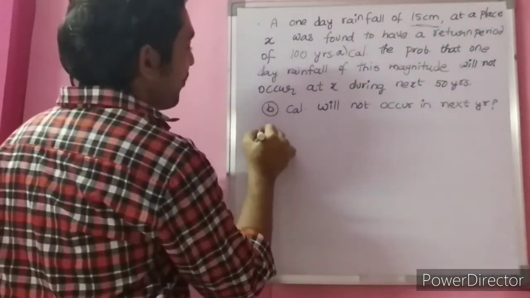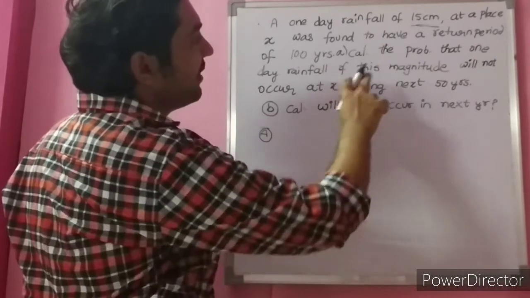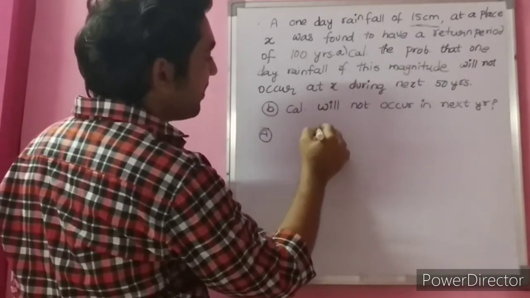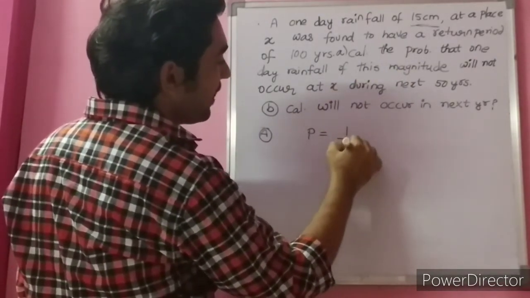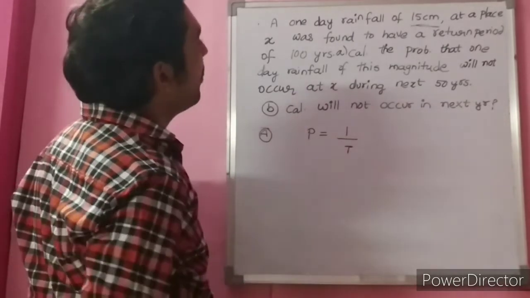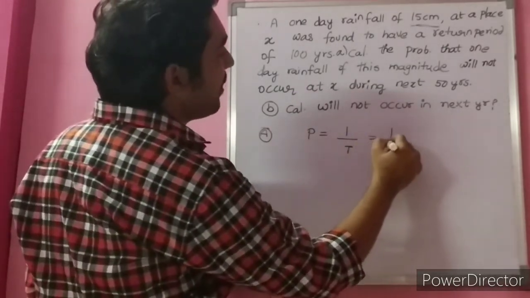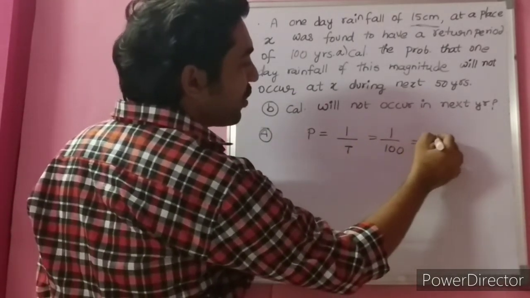So what we know from the above discussion, the probability is nothing but the reciprocal of the return period, 1 by T. So once in 100 years, 1 by 100, that is nothing but 0.01.